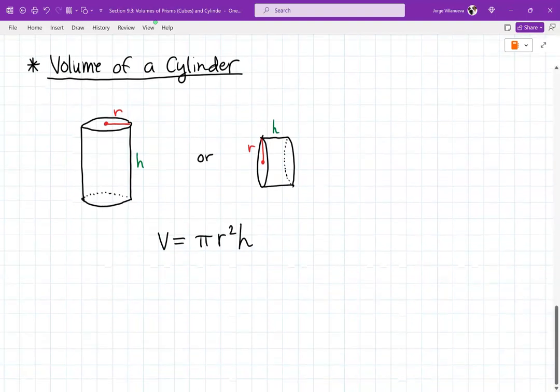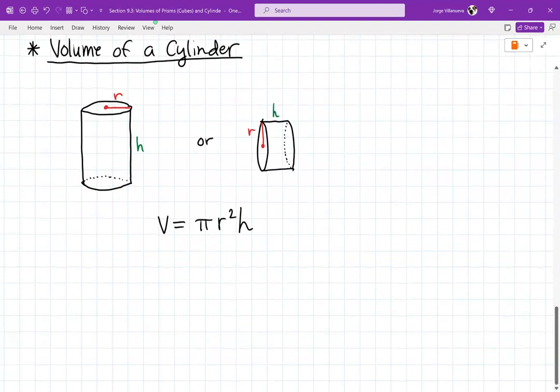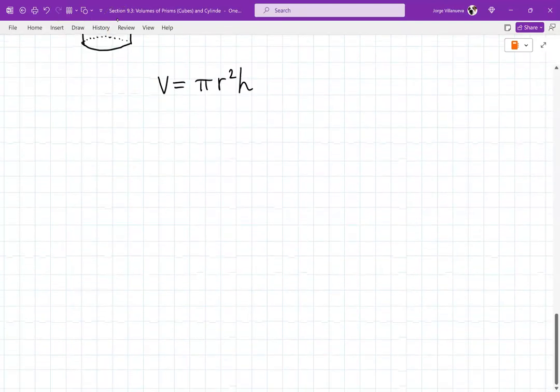So we're going to do two examples, one of each type. In one of them, they're going to tell you to solve it in terms of a decimal, and in the other, they're going to say write it in terms of pi. So let's do both. I'll leave the formula there.